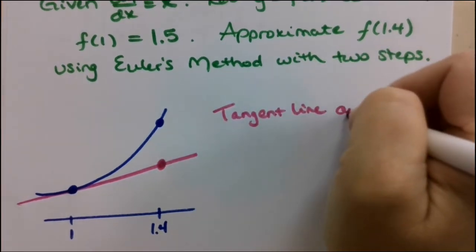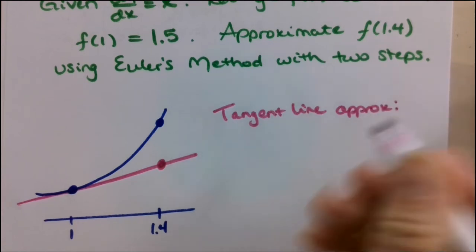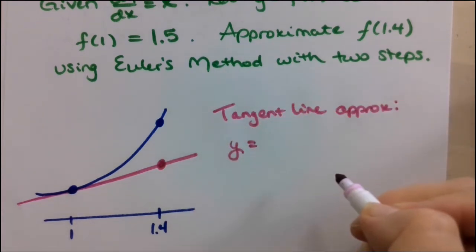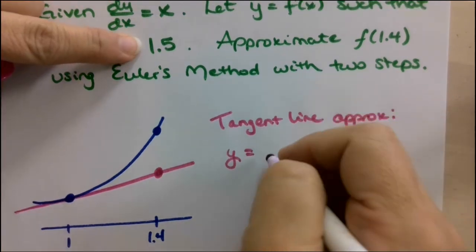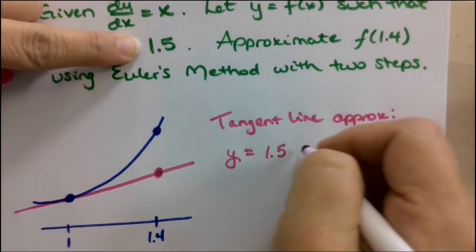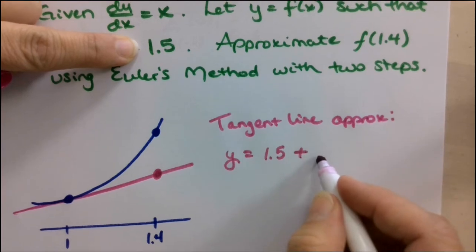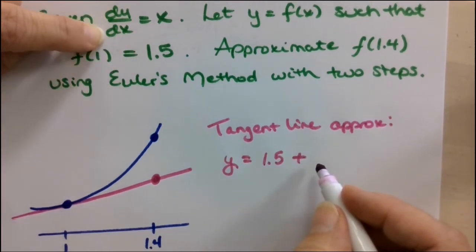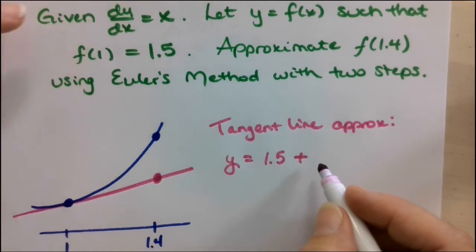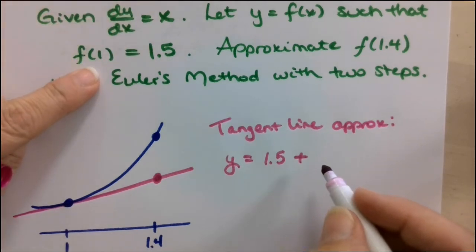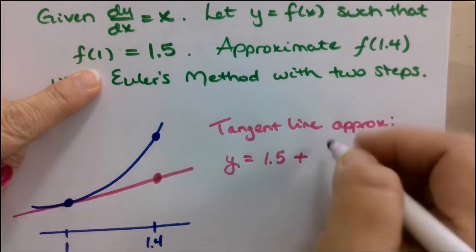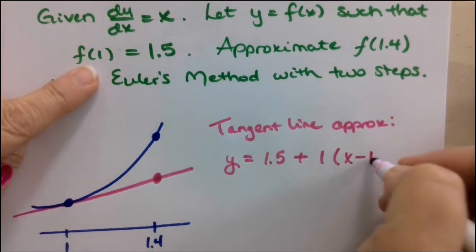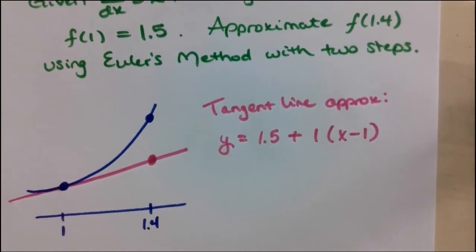Tangent line approximation. If we do our tangent line, y is equal to f of a, which is 1.5, plus f prime of a, that's going to be my slope. dy/dx is just equal to x, and my x coordinate at my point here is 1. So my slope is just going to be 1 times x minus my a point, which is 1.